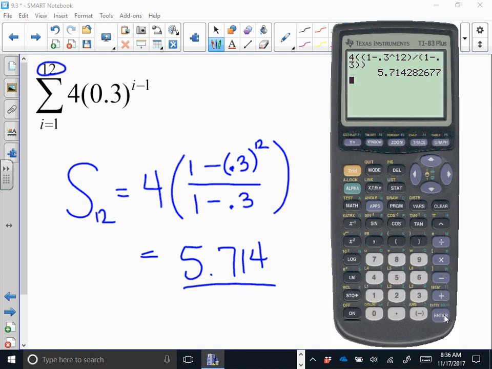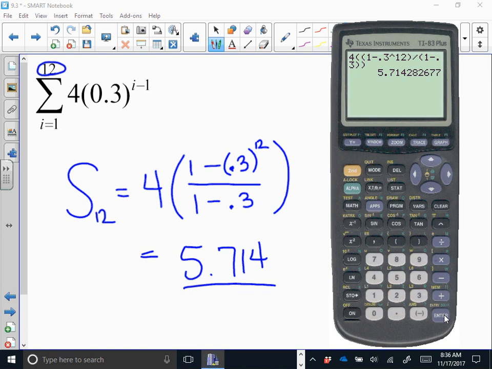Now, if your common ratio is negative, then your common ratio would need to be in parentheses when you are raising it to the 12th power. Or if your common ratio is a fraction, you better put that in parentheses when you raise it to a power. Okay? So for some of this, calculator user order of operations is important.